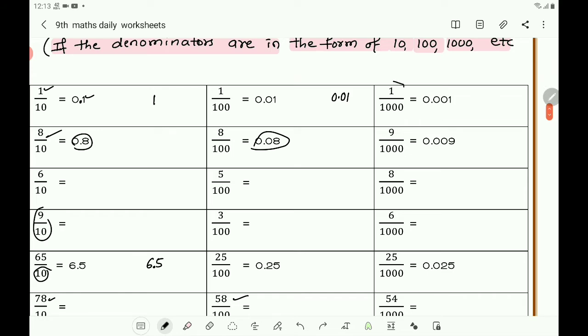Here you observe 1 by 1000 is there. Here you take 1, and how many zeros are there? 3. So 1, take extra 2 zeros, then you put the point and 0 here, that is 0.001. Here also 0.009.